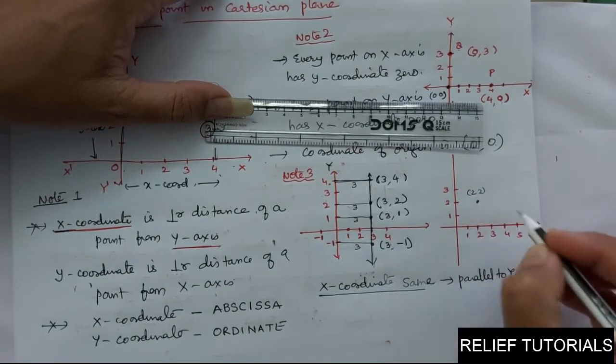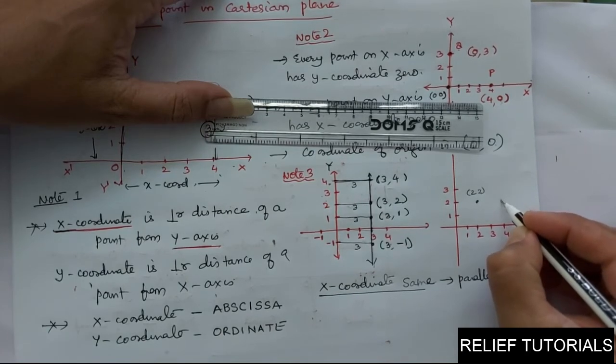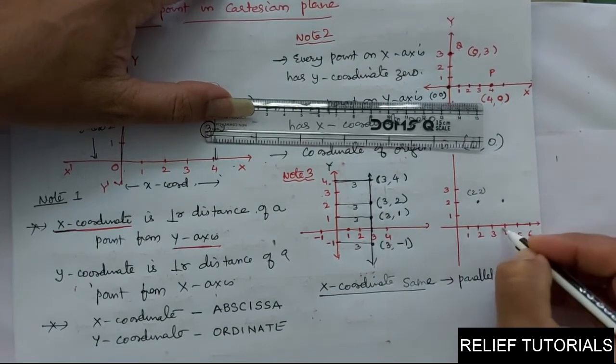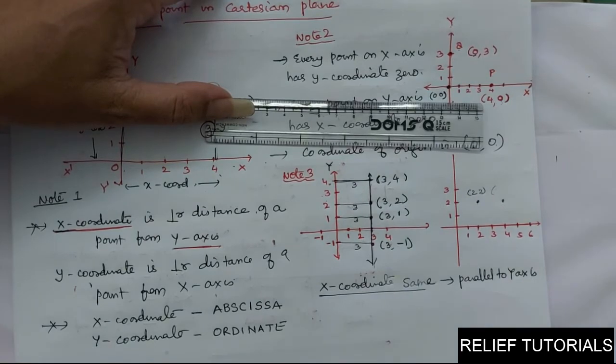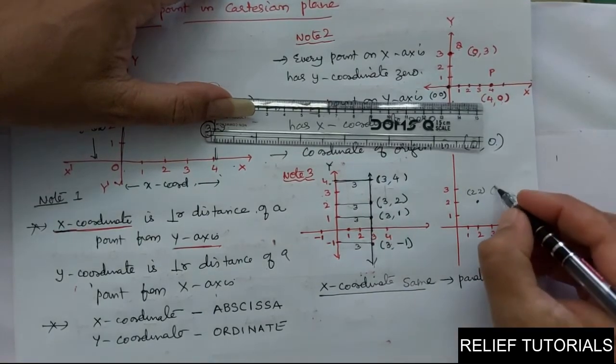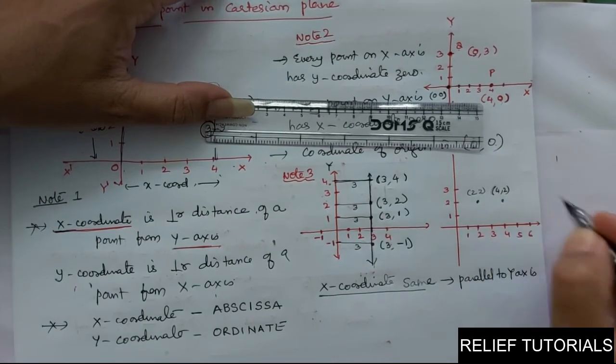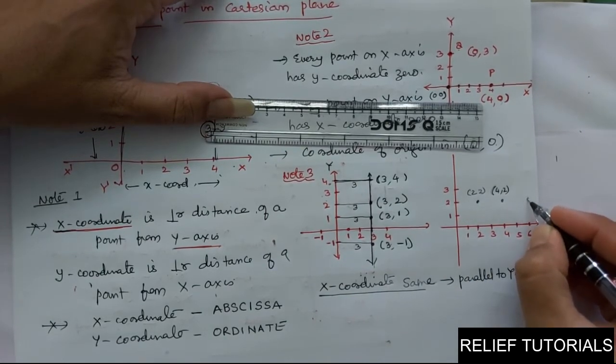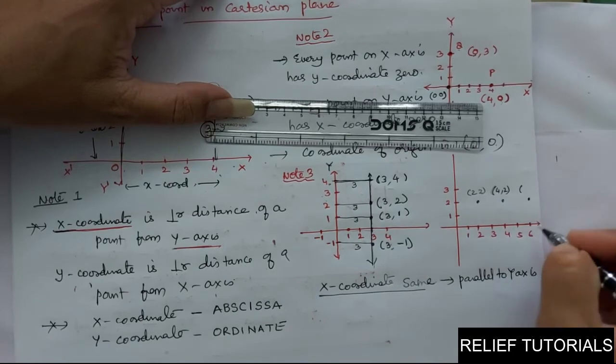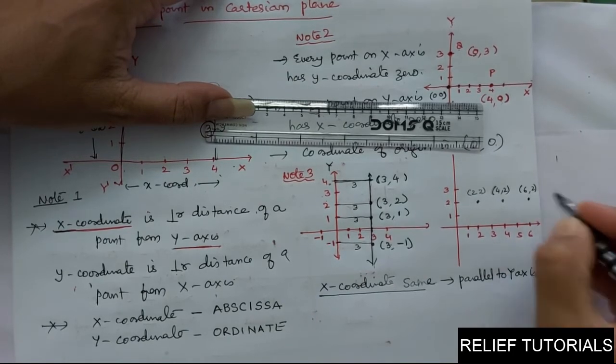So 2 comma 2. If I take this point, it is 4, and here it is 2. If I take this point, it is 6 comma 2.